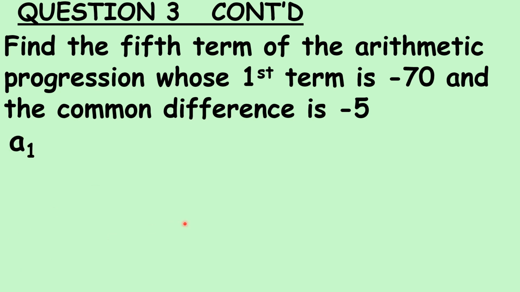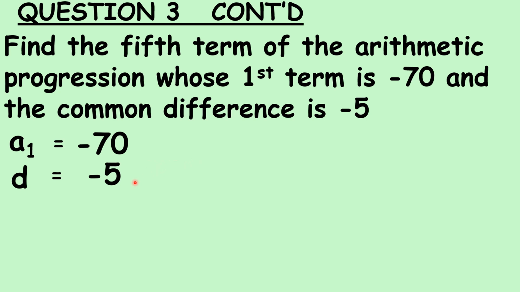So we know that our A1 is what? The first term, which is minus 70. And then our difference is what? Minus 5. So we can simply get the second term. What we'll do is add minus 5 to this first term.